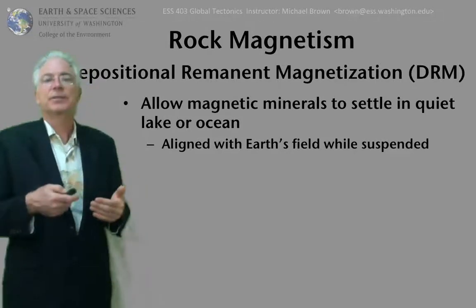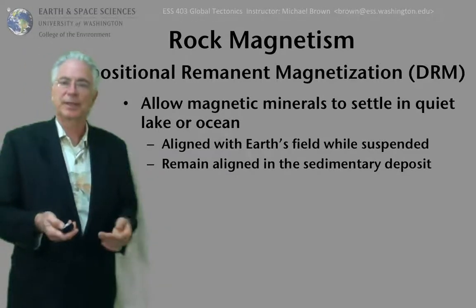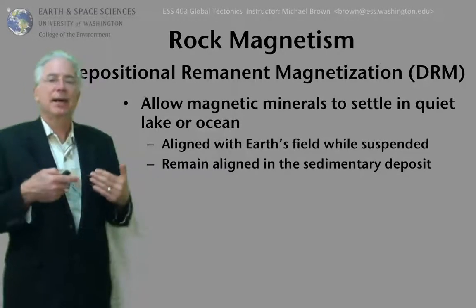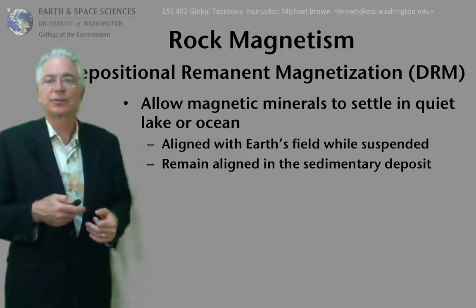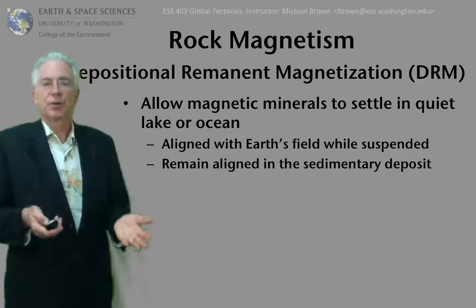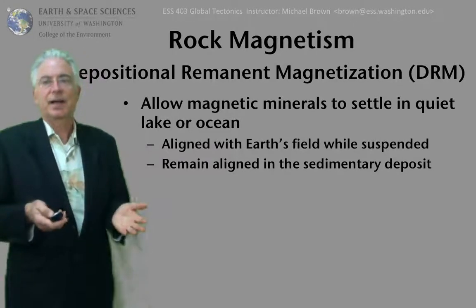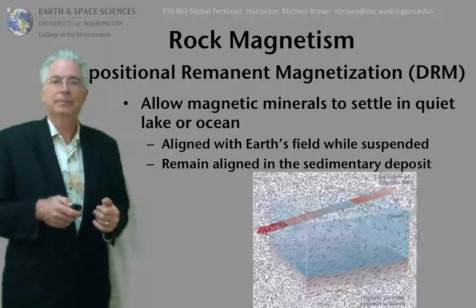As these particles settle into the sediment at the bottom of the ocean or the bottom of the lake, they can remain aligned in the direction of Earth's magnetic field, and thus the sedimentary rock preserves the orientation of Earth's magnetic field at the time the sediments were laid down.